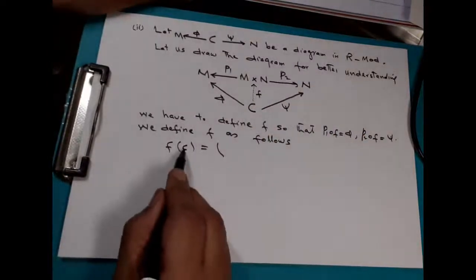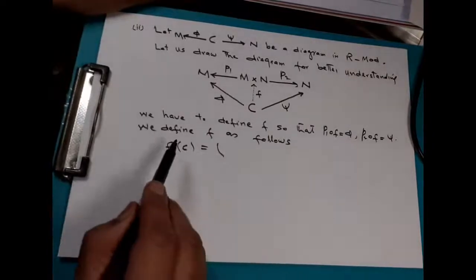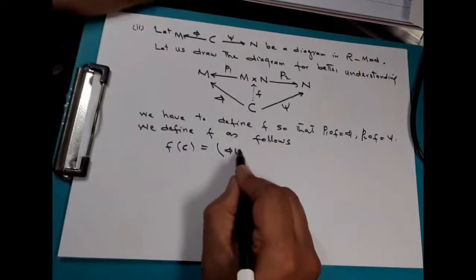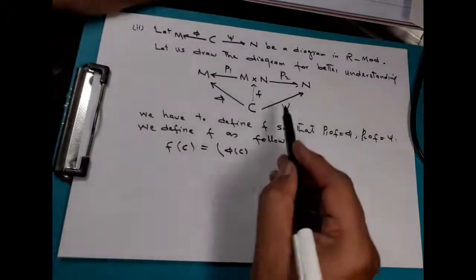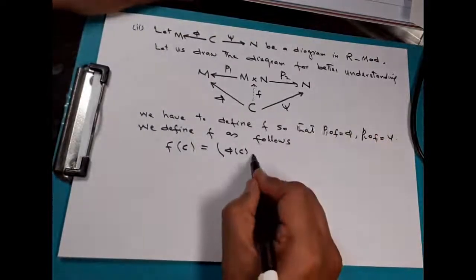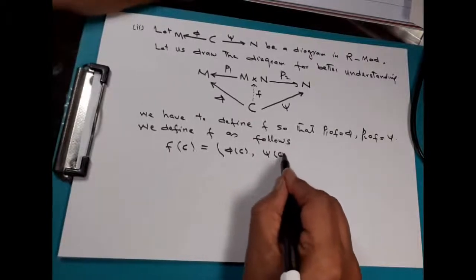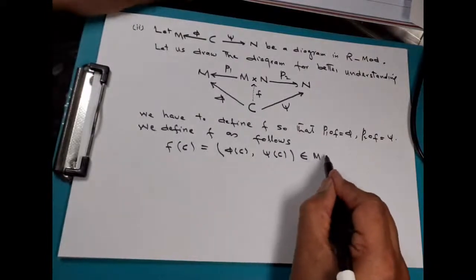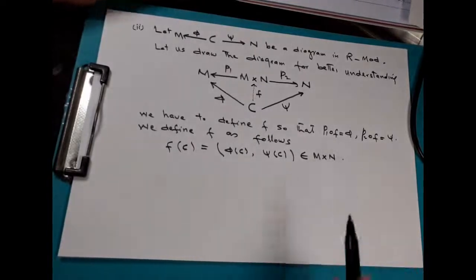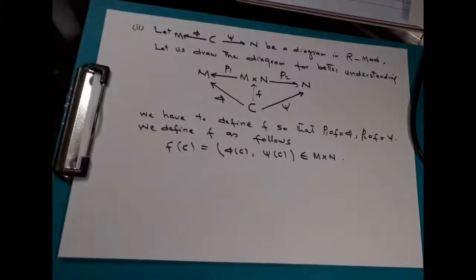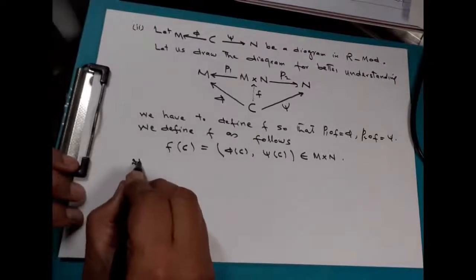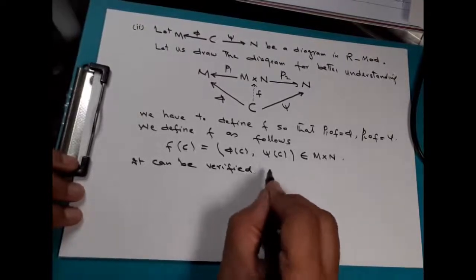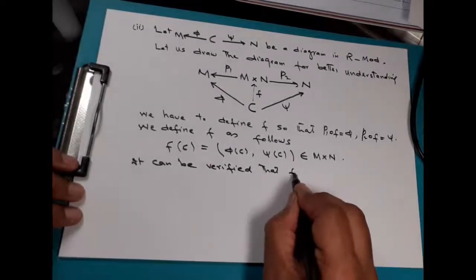What we are going to do is apply phi on c, that will be an element of M, so phi(c) is an element of M. Next we apply psi on c, this will be an element of N, psi(c). Now this is an element of M, this is an element of N, so this is going to be an element of M cross N. So this is the way we have defined F, and it is very easy to see that F is a module homomorphism. It can be verified that F is a module homomorphism.